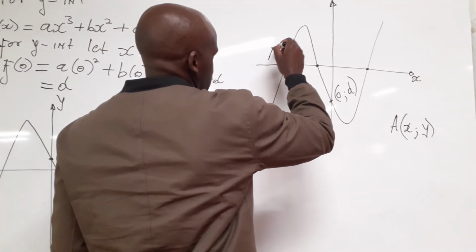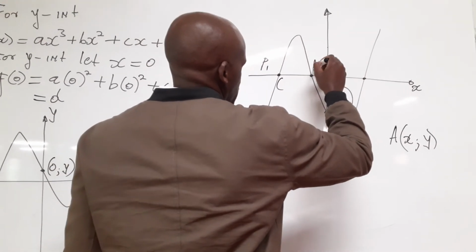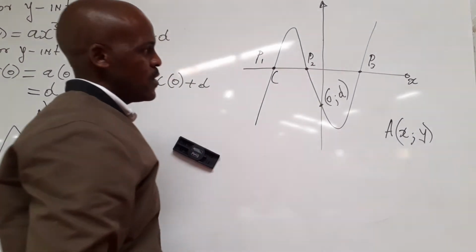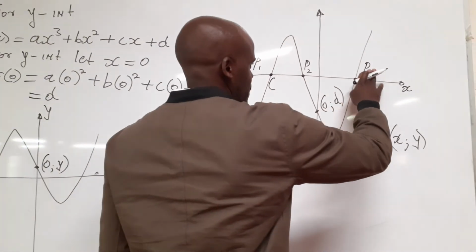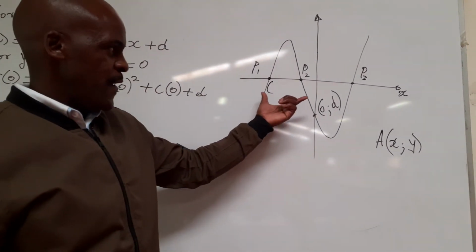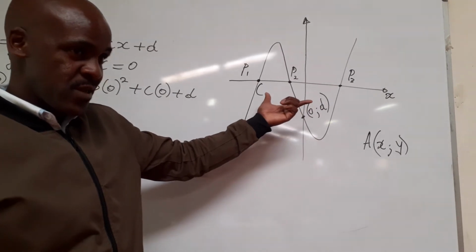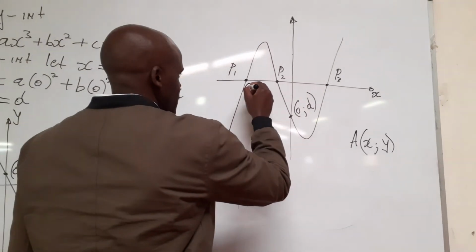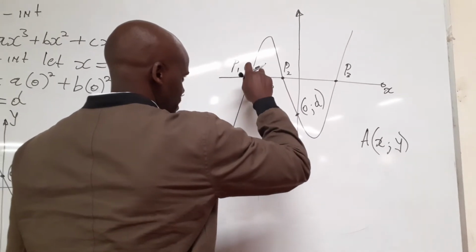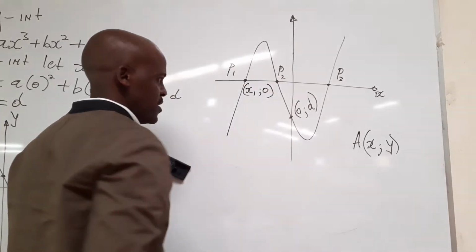let's say this is point 1, point 2, point 3. Which means we are going to have 3 values of x. x1 is 2, remember that, and y is 0 there.